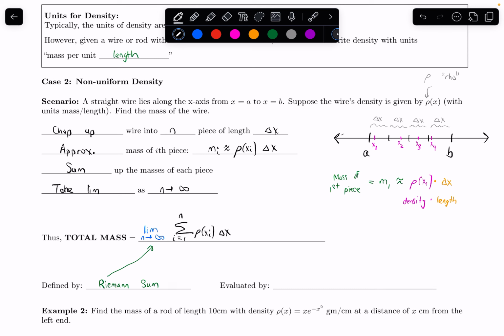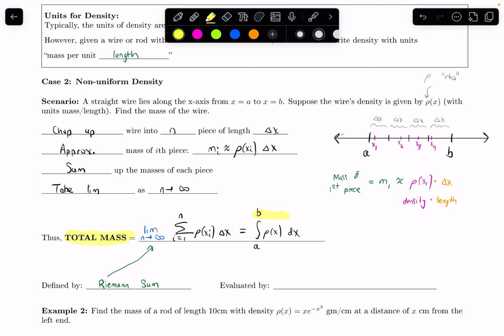But as we've seen before, when we have a limit of a Riemann sum, we can write that as a definite integral. The interval starts at a and ends at b, and when I convert this to a definite integral, the same function gets written, except we change x sub i to just the variable x. So I get rho of x, and the delta x becomes dx.